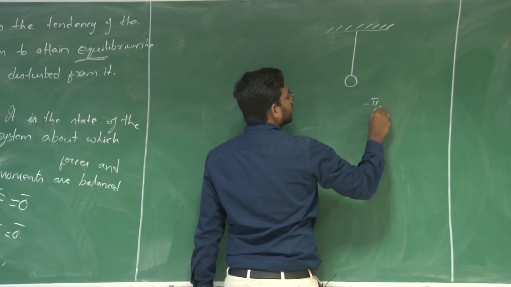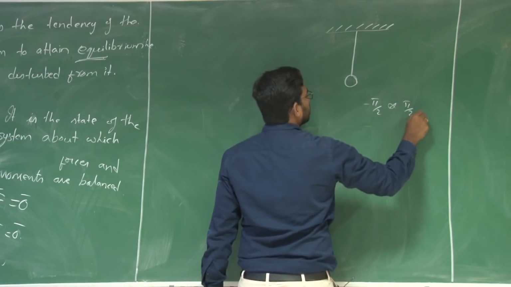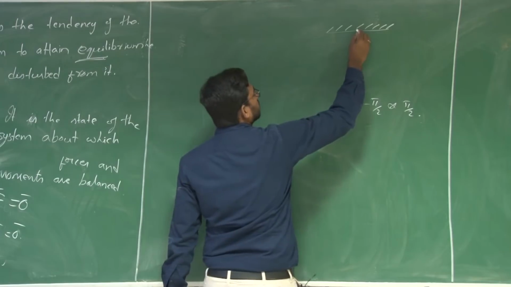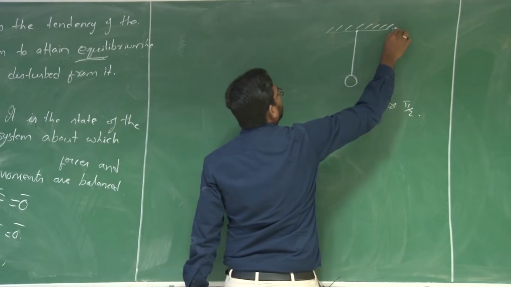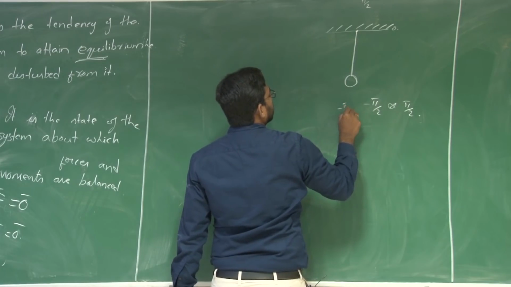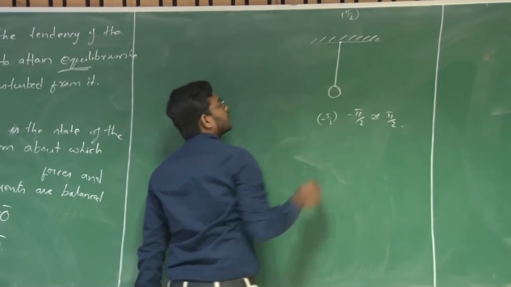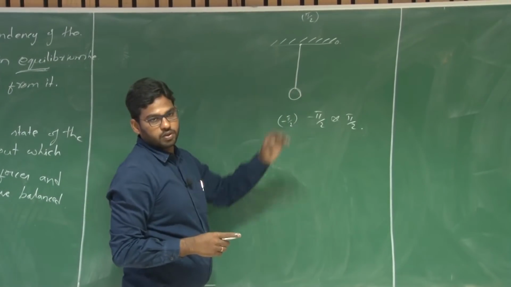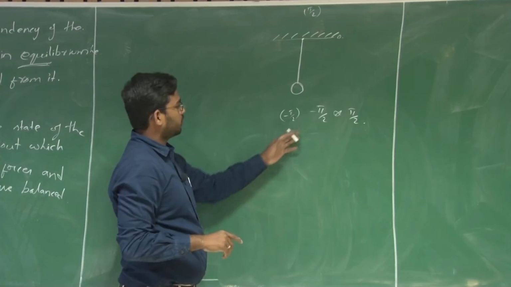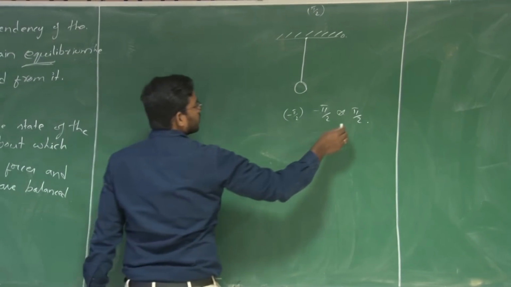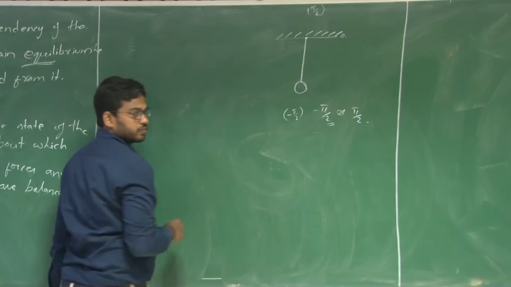That is minus pi by 2 and pi by 2. Right? At theta equals 0 is your zero inclination, this is your pi by 2 and this is your minus pi by 2. So there are two equilibrium points of a simple pendulum. Now consider the case where it is at minus pi by 2.